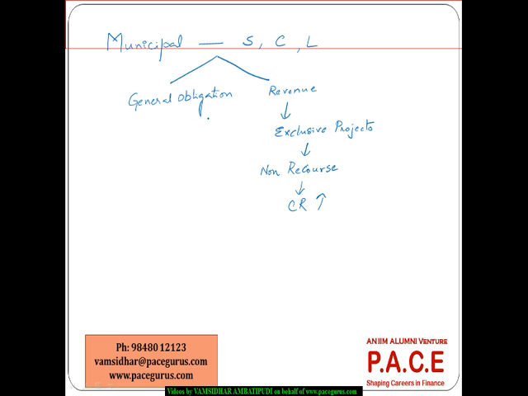But when I look at the general obligation bonds, it is the general revenue of the government. So it's purely from taxing, because it can't print currency. Only through the way they are able to raise the taxes and control the expenses can they make the payment towards the bonds.